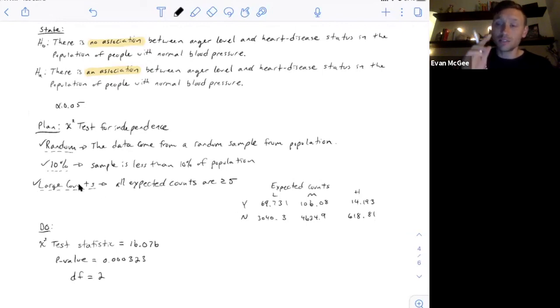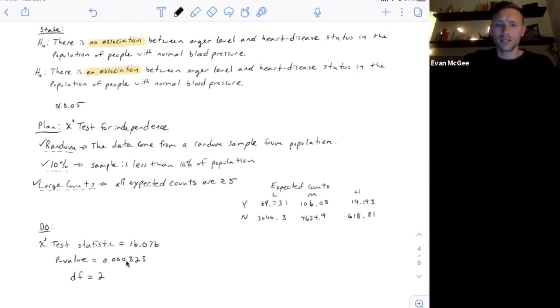That satisfies the large counts condition. I've also copied over my chi-square test statistic, 16.076. My p-value was 0.000323. Degrees of freedom was 2. Remember, that's row total minus 1 times column total minus 1.